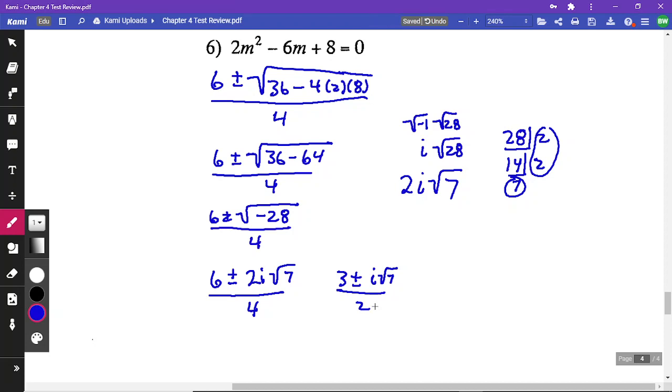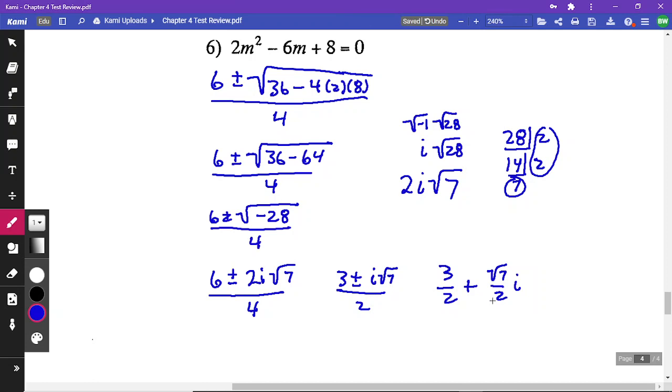You don't have to split it up into the two possibilities or the two parts, but you can leave it. When you have an i, you can just leave it like this. Now I want to mention I did something just for fun. I went ahead and wrote this out: 3/2 plus the square root of 7 divided by 2 times i, like that.